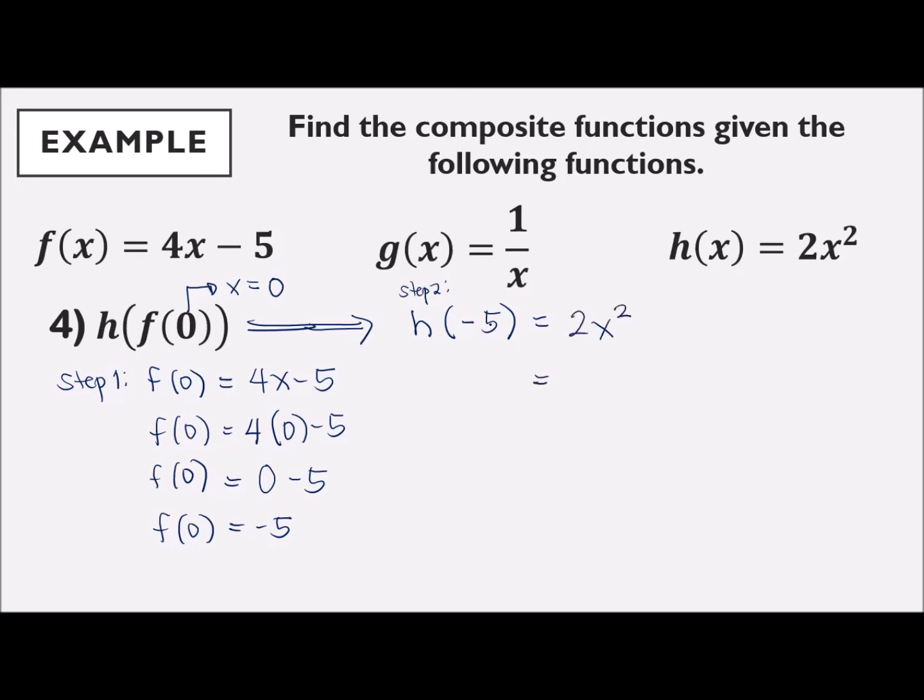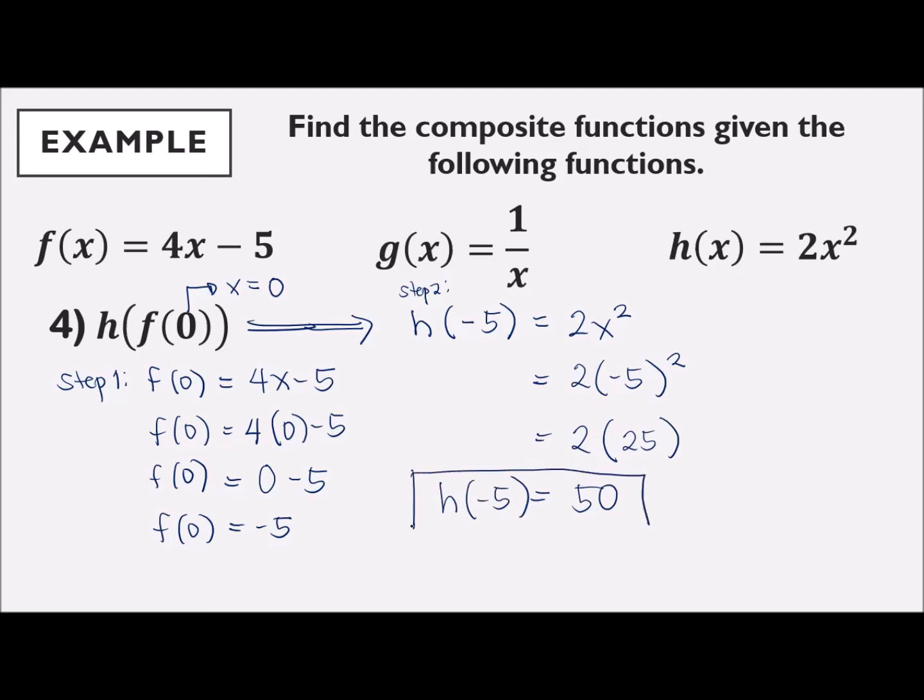So, lahat ng x papalitan ng negative 5. So, magiging 2 times negative 5 squared, that is 25. And then, double the 25, or 2 times 25, the answer here is 50. Okay? So, that's it. I hope you've learned something.